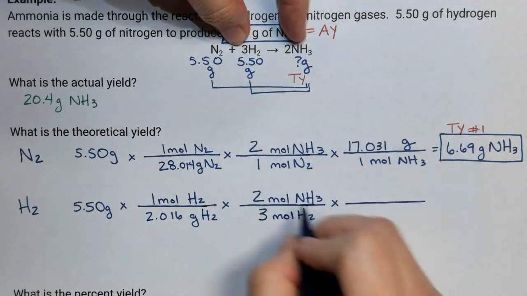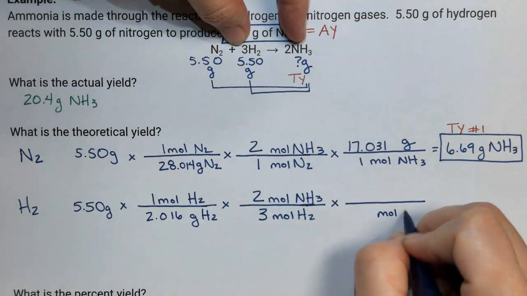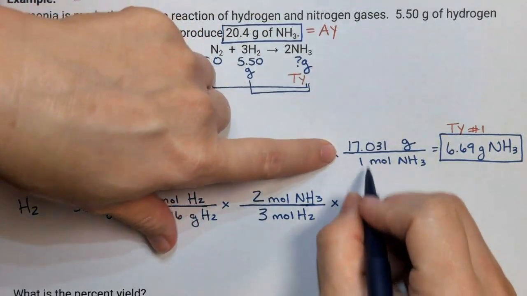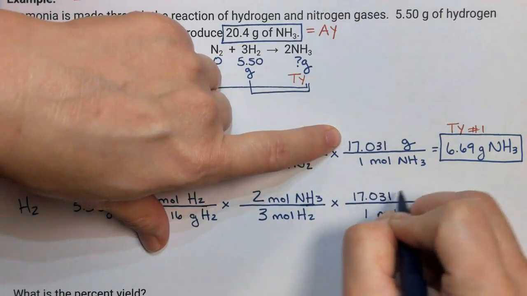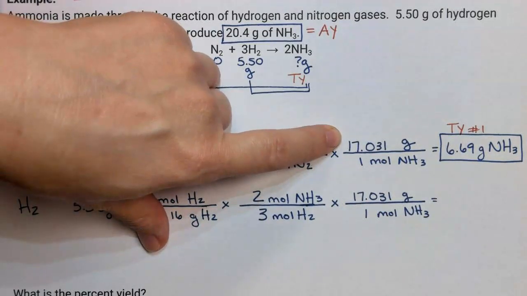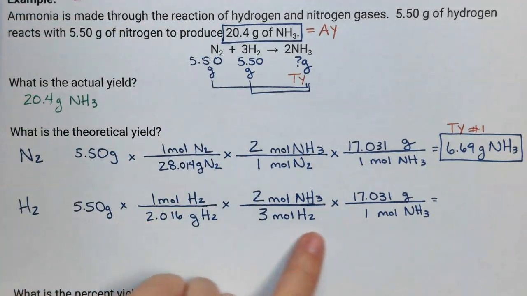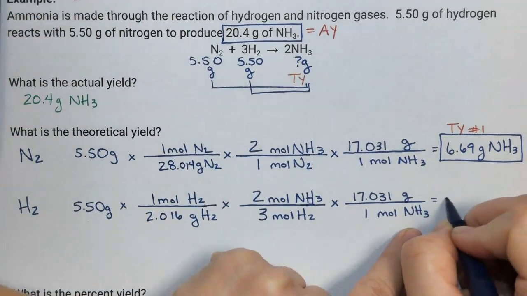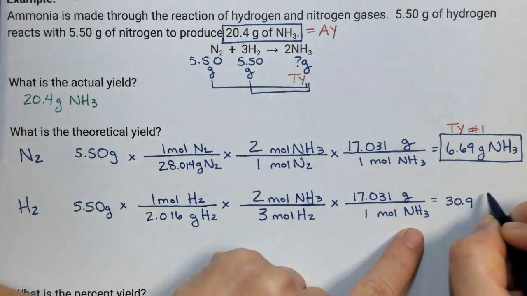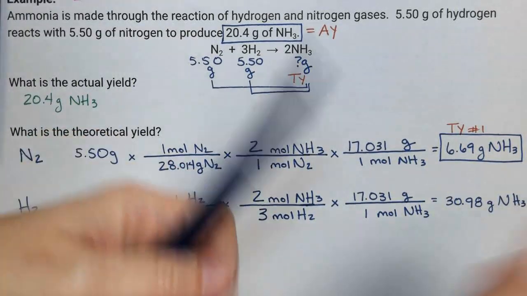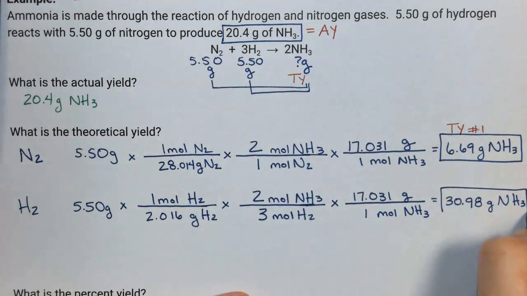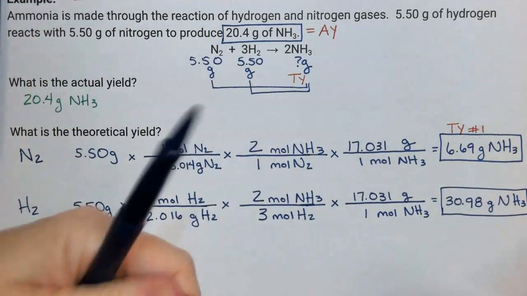Times, draw a line, and then bring down moles of ammonia. And just like before, 1 mole of ammonia is equal to 17.031 grams from the periodic table. Now we will calculate the answer we get for this, and we get 30.98 grams of ammonia. And that is going to be our second possible theoretical yield.